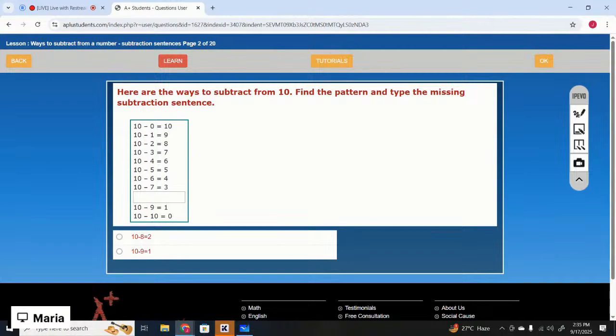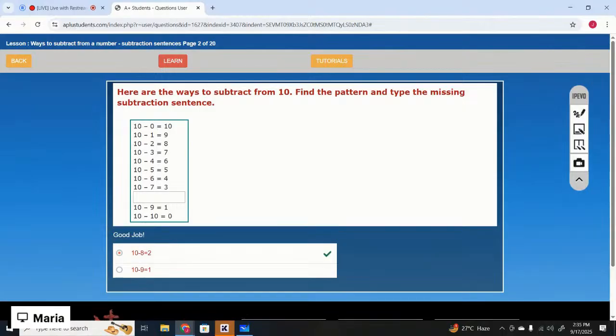Here are some ways to subtract from 10. Find the pattern and type the missing subtraction sentence. That is 10 take away 8 is 2. Option number 1 is the correct option.